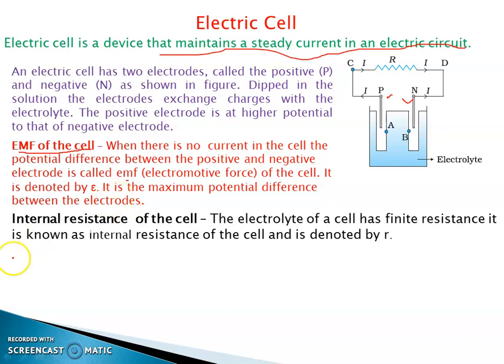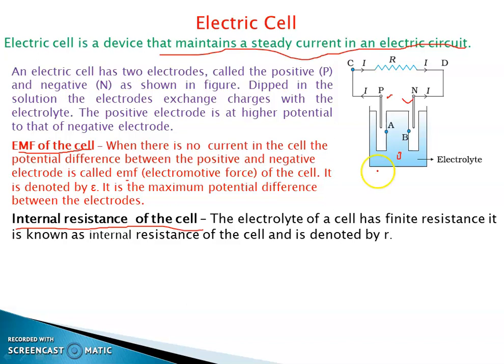Internal resistance. You know that inside the electrolyte, the electrolyte dissociates into positive and negative ions. Positive ions and negative ions move in opposite directions, and they collide with the electrolyte particles, and here we get a hindrance due to collision.